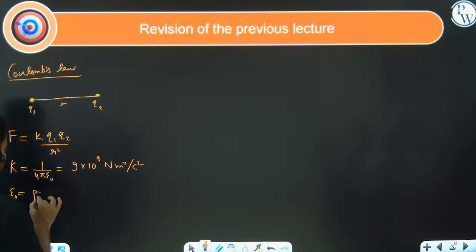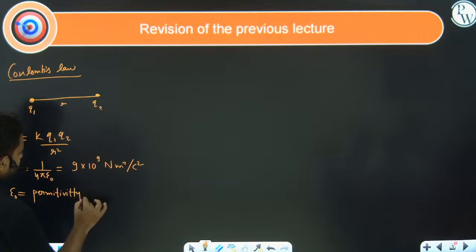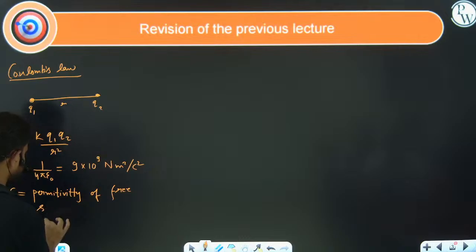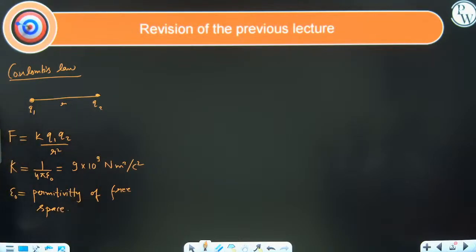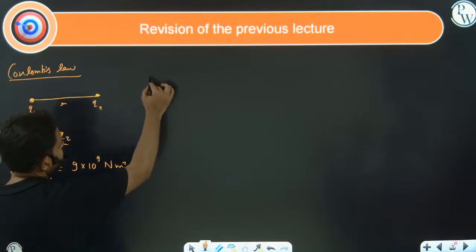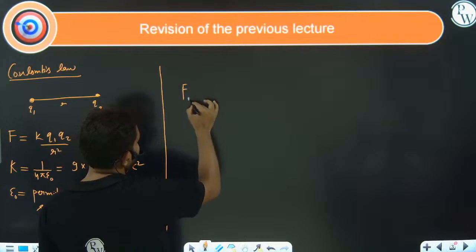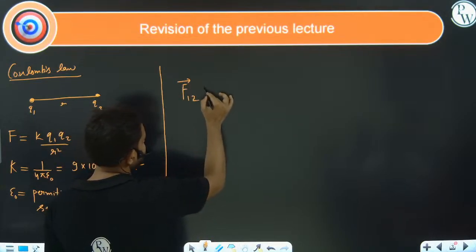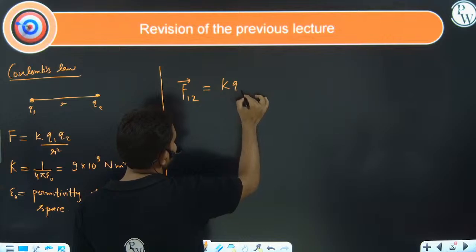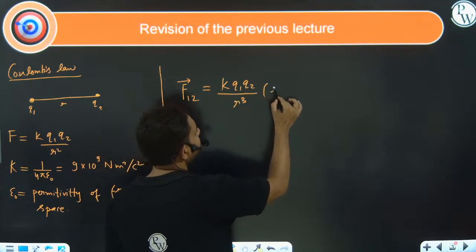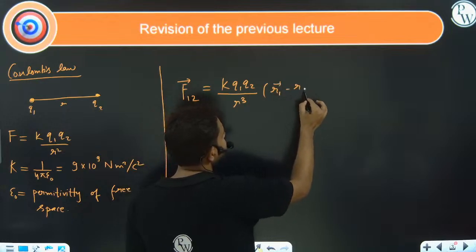What do we call it? Permittivity of free space. This is the permittivity of free space. If I want to write it in vector form, I write the force on 1 due to 2 as vector F12 equal to K Q1 Q2 upon R cube times (R1 vector minus R2 vector).